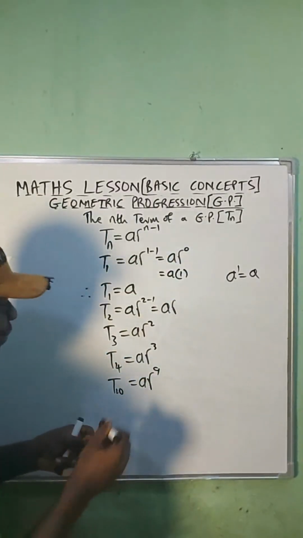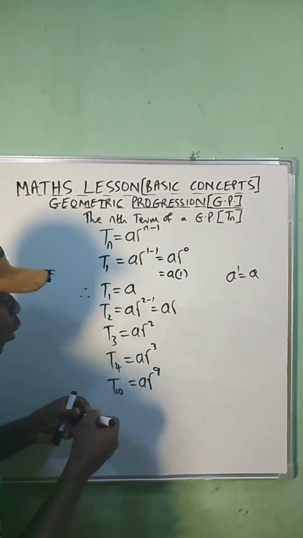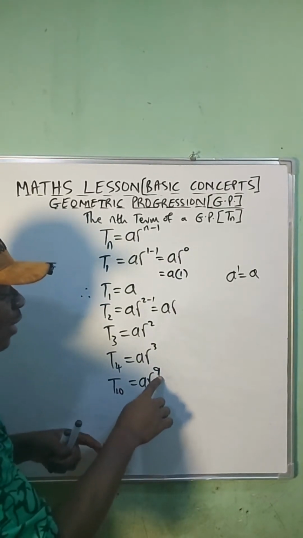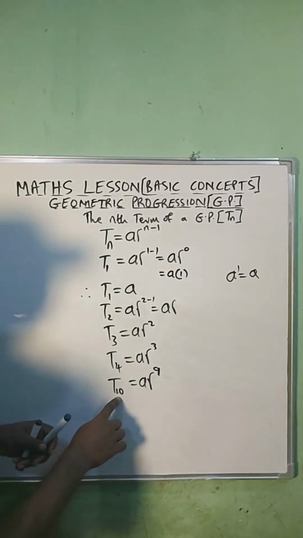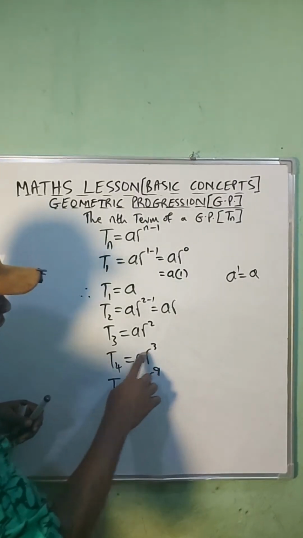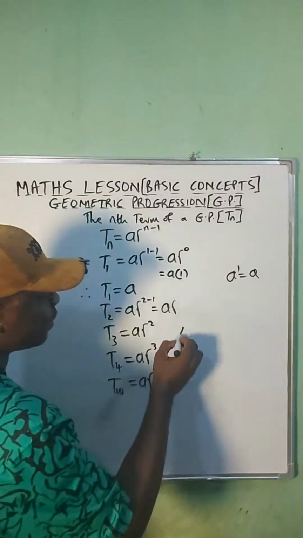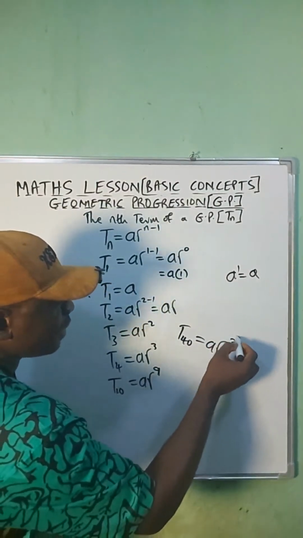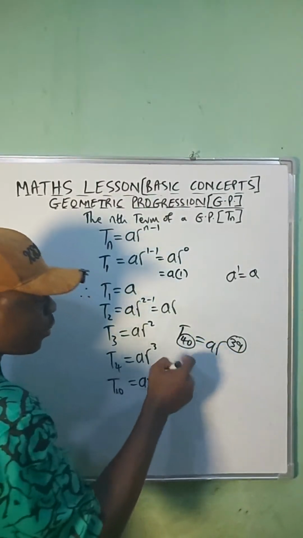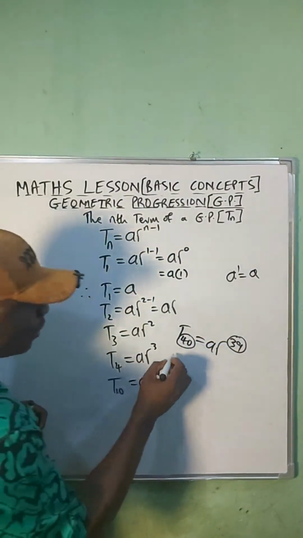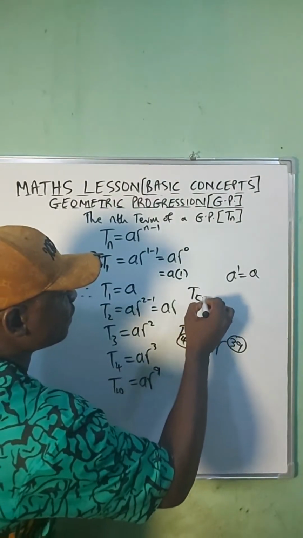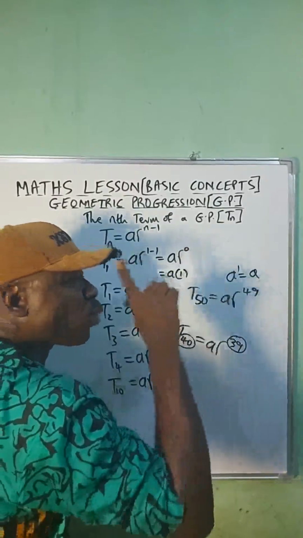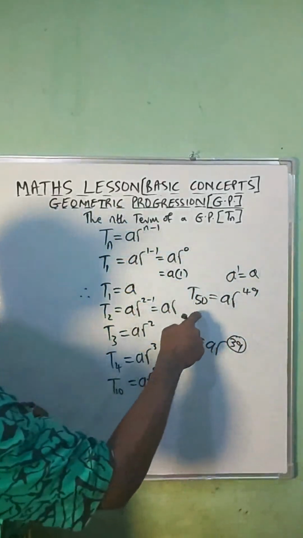Then we notice that the power of R is always 1 less than the term number. So if someone talks of T40, it will be AR to the power 39. For T50, it will be AR to the power 49. The power of R is always 1 less than the term.